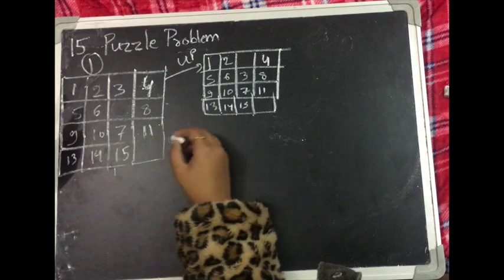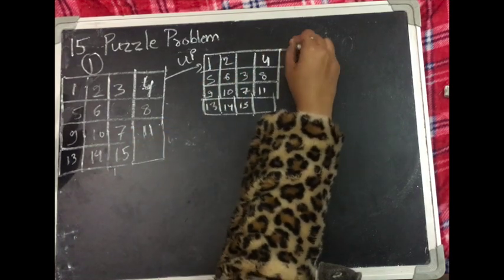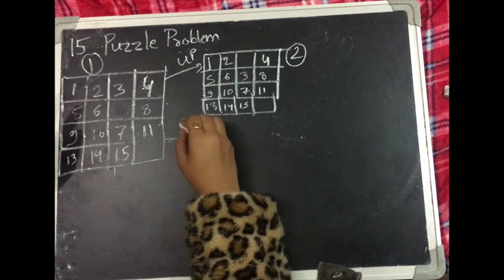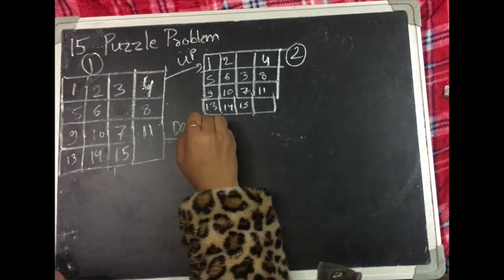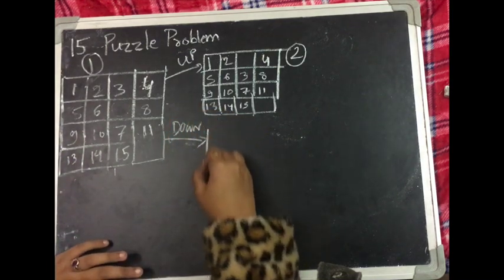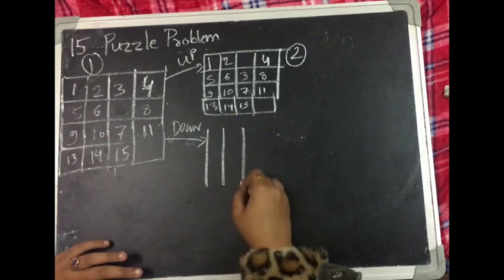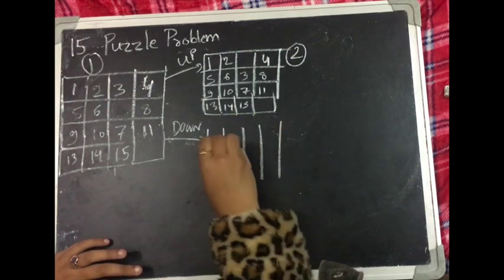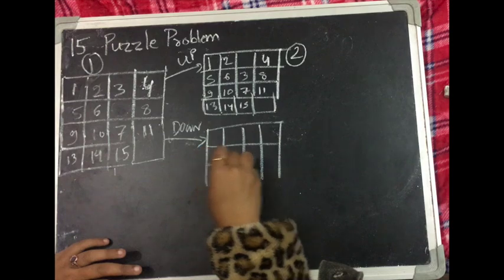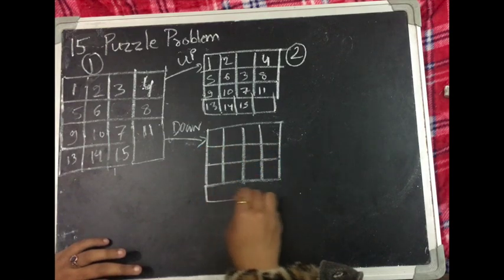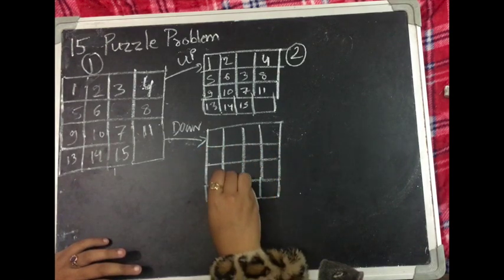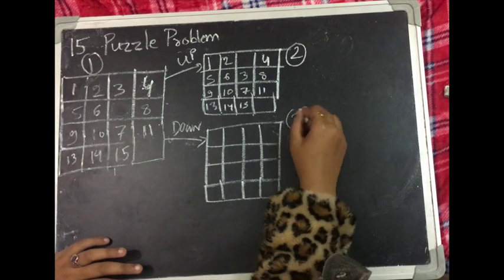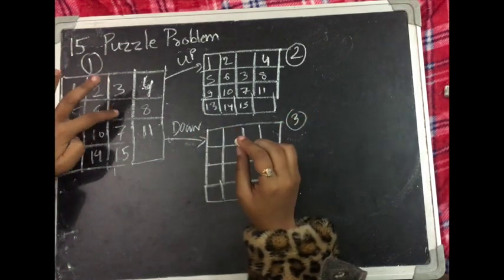Now I have to calculate this, say this is node number 2. Now I have to calculate with down. This is node number 3. Down means this gap will move 1 downwards.